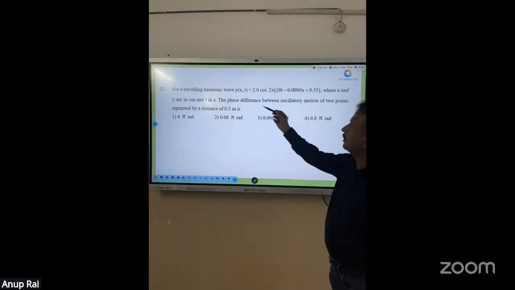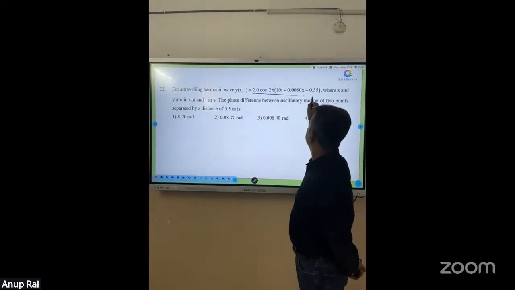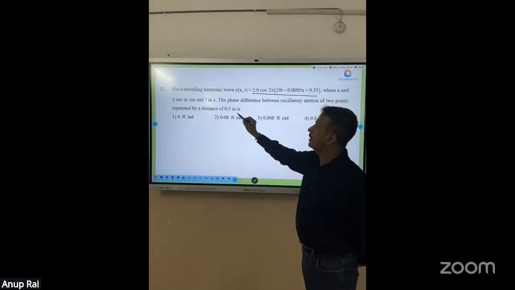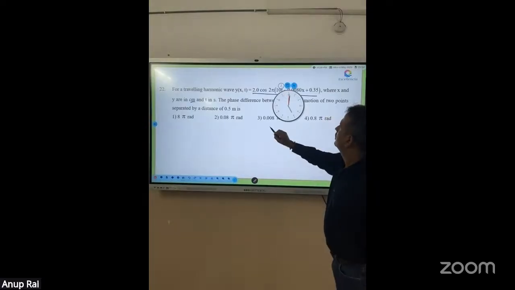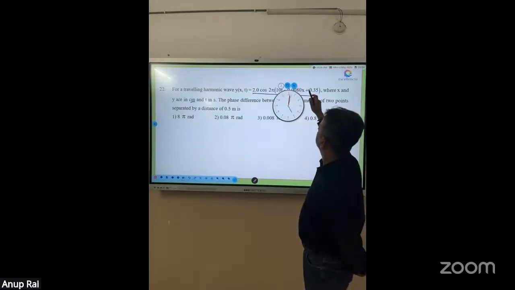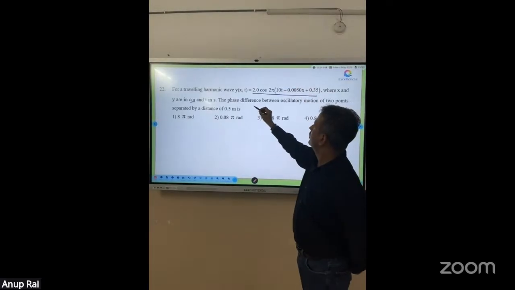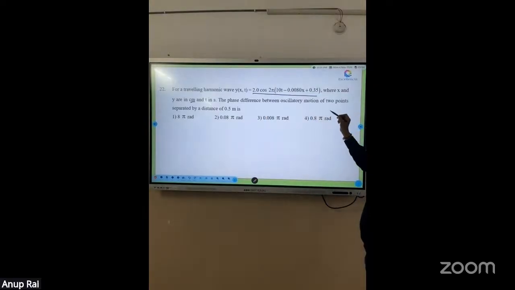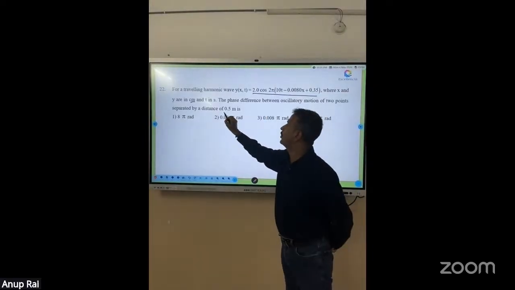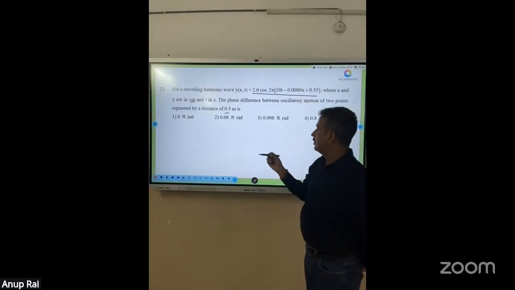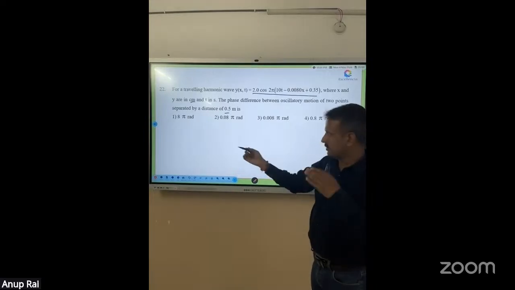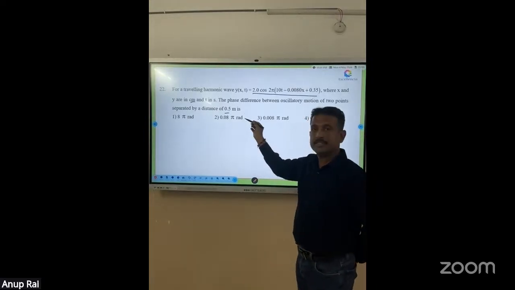Now, for a traveling harmonic wave, this is the equation given. X and Y are in centimeter and t is in second. The phase difference between the oscillatory motion of two points separated by a distance of 0.5 meter is asked. If you want to calculate phase difference, there is a relation between phase difference and path difference.